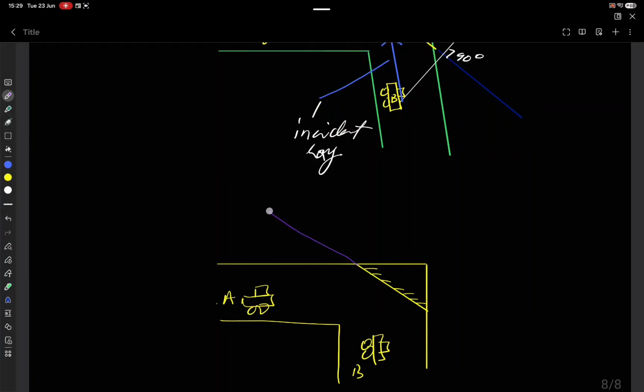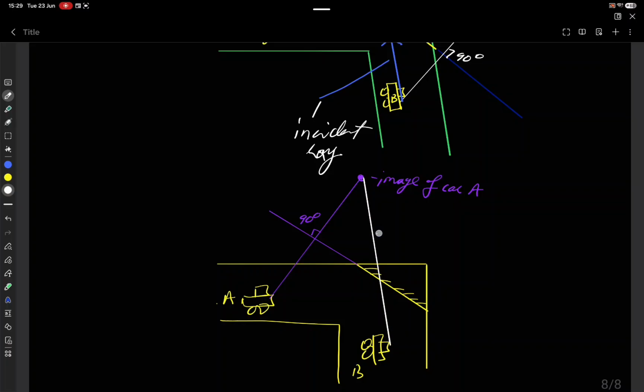Now the image of car A is here. With the ruler, object distance from the mirror and image distance from the mirror are equal. This is the perpendicular line joining object and image, and that is why we draw the extended line. Okay, now draw the reflected rays from the mirror.